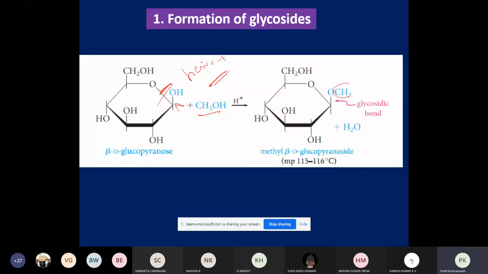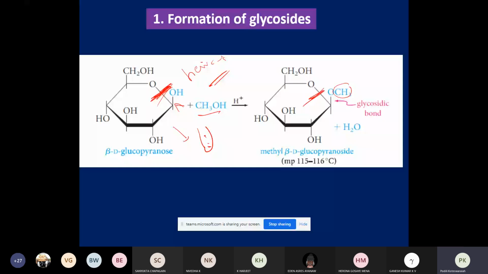And please understand that when we dissolve beta D glucose in water, ring opening can take place, and ring closure can take place in a different orientation. As a result, beta D glucose would be converted into alpha D glucose through the open chain form. But when it is in the glycoside form, that is methyl glucoside, ring opening is not possible because it doesn't have the free anomeric carbon, whereas the sugars have the free anomeric carbon.